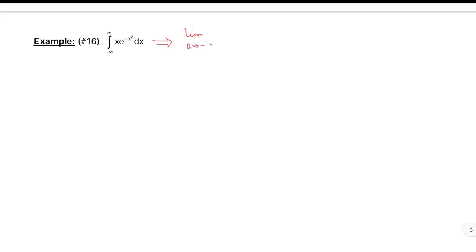As a goes to negative infinity, for the integral from a to 0 of x times e to the negative x squared dx, and I'll add that to the other half of the integral. I'll introduce the letter b, and I'll make b head toward infinity. So set up a limit for each piece of this integral. And now to start finding the antiderivative, I'm going to use a u substitution.